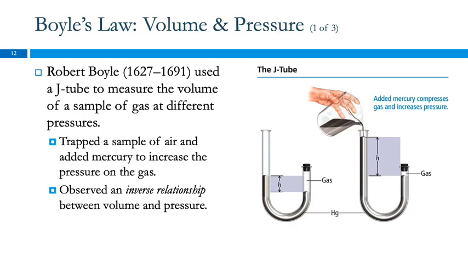A lot of these relationships, if we think about balloons or other real-life experiences with gases, they make sense, right? So if you imagine taking a balloon and squishing it on all sides, putting pressure on it, it's going to get smaller, right? So this is an inverse relationship. When one thing gets smaller, the other thing gets bigger.